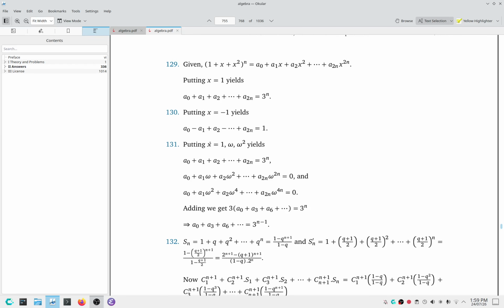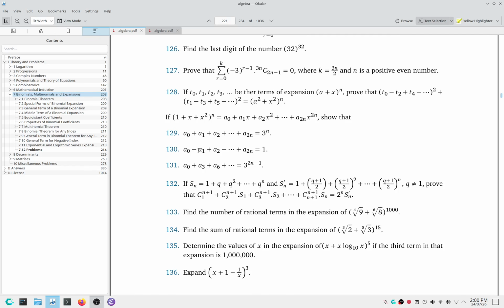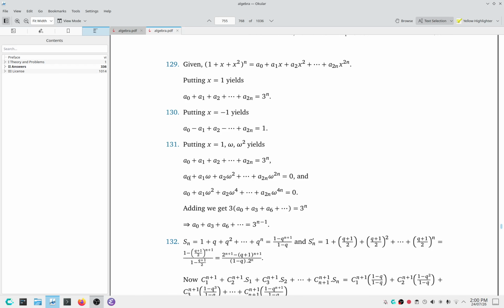So what we do is we put x equal to 1, omega, omega square, which gives us a0 + a1 + a2 and so on up to a2n equal to 3^n. We put x equal to omega. So when we put it, 1 + omega + omega square will be 0. So it becomes a0 + a1 omega + a2 omega square + a3, because omega cube will be 1, and so on.